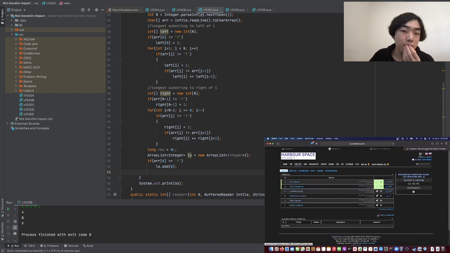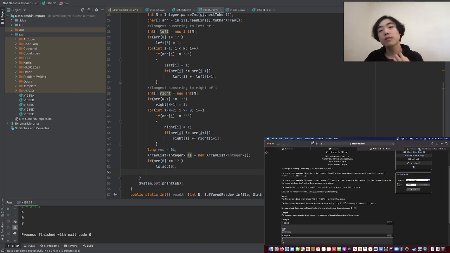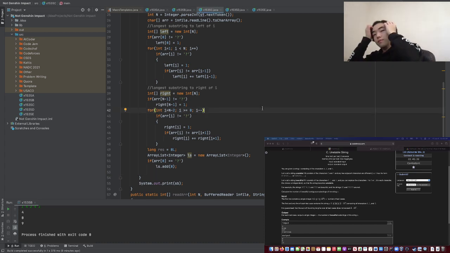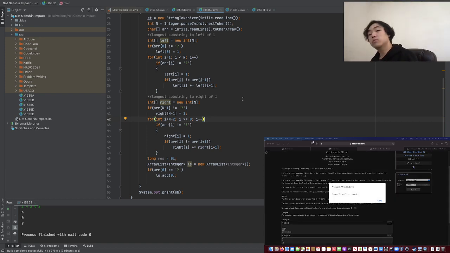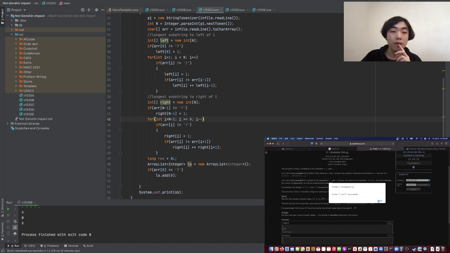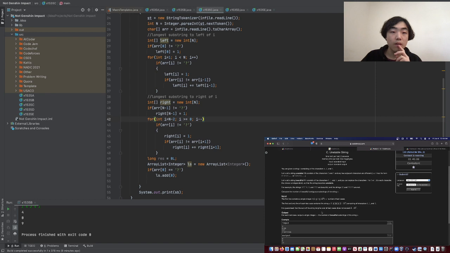That seems kind of annoying to implement. Apparently not, though. Seems pretty easy. So we have a string here. String 0 and 1 are unstable. Okay.